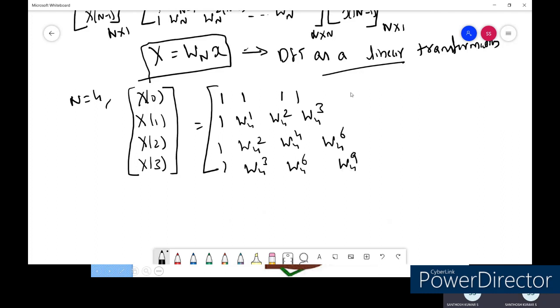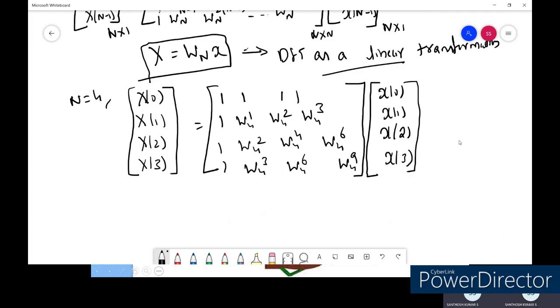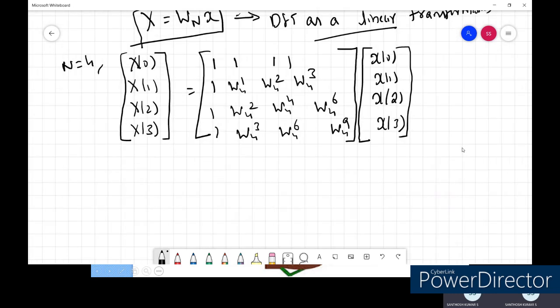This is the twiddle matrix, and this is the input matrix with terms x of 0, x of 1, x of 2 and x of 3, a matrix of order 4 cross 1.